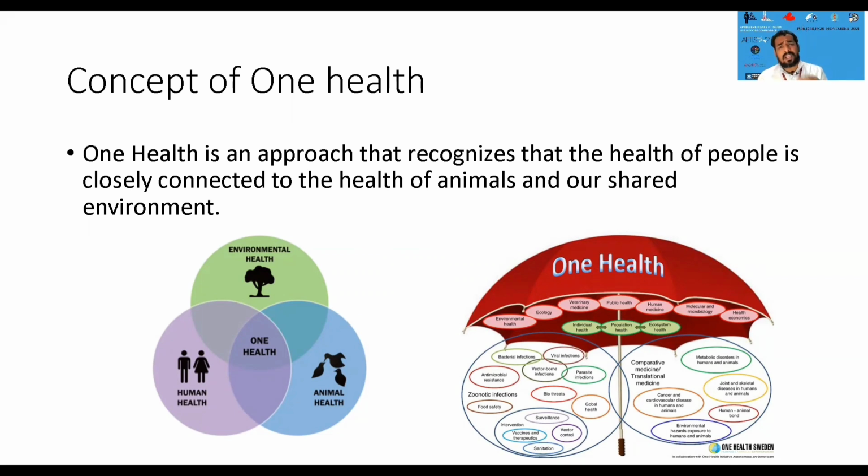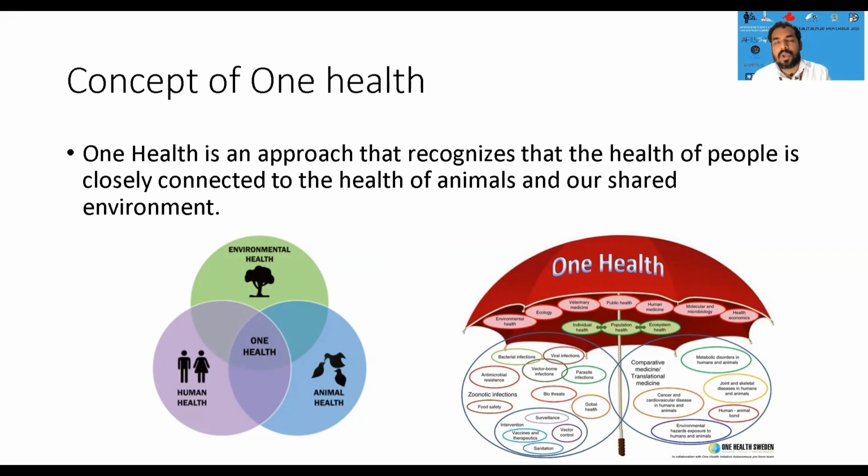We need to understand that right now the focus is on the concept of One Health. One Health is an approach that recognizes that the health of people is closely connected to the health of animals and our shared environment. It is a broader concept where they are forcing us to think that we are part of the ecosystem, and there are animals, and there is environment, and there are us, the humans.